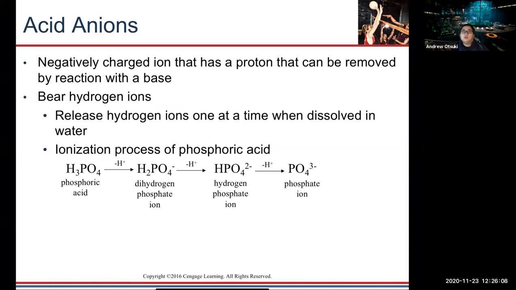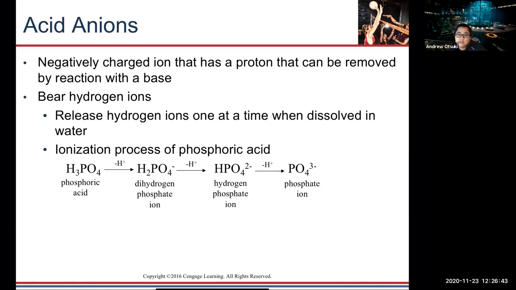You can also form compounds with acid anions, so ions that have multiple hydrogens in the acid formula, and that can dissociate one by one to form individual ions. For example, for phosphate, you could lose 1 hydrogen to form the dihydrogen phosphate ion, then another to form the hydrogen phosphate ion. See, as we remove a hydrogen, the charge increases because we have to balance the charge every time a proton is lost.